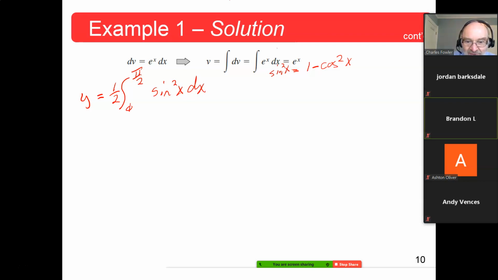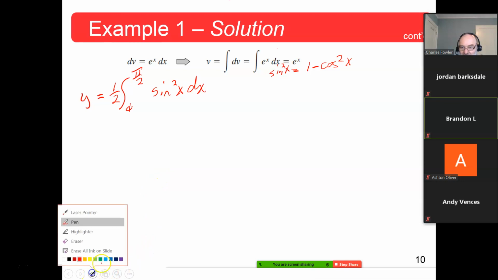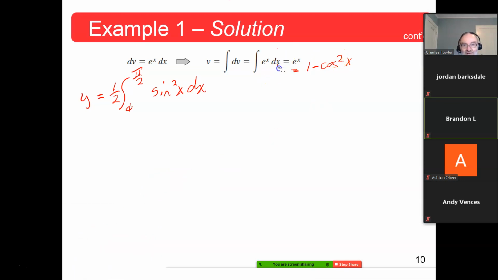I was going to derive it for you, but that's just going to take too long. So let's just go here to the book.